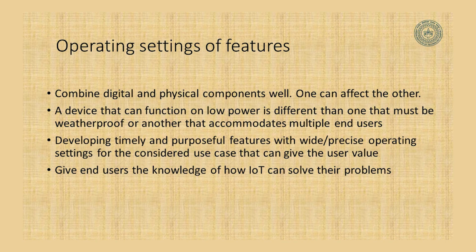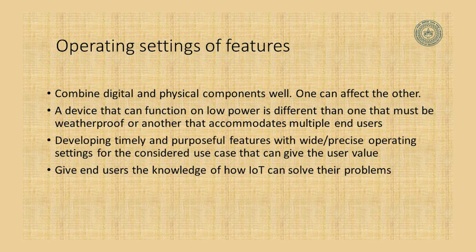Again, devices that can function on low power are different from the ones that must be weatherproof or one that accommodates multiple end users, okay. So, there are different types of devices. So, functioning on low power is a certain kind of operating setting, making them weatherproof is another type of operating setting, or accommodating multiple end users is another type of setting that you may have to enable on your device, okay.